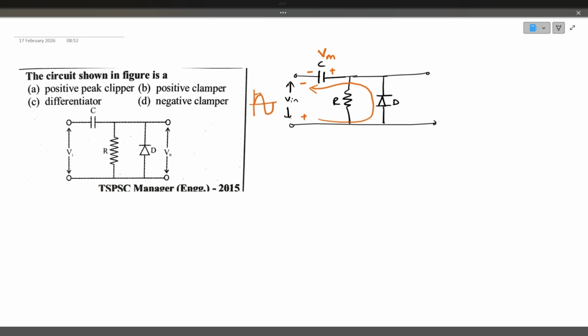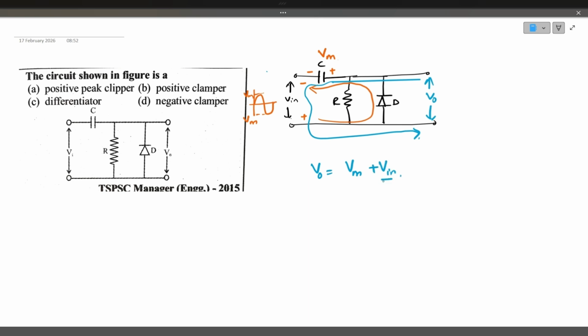From the next cycle onwards, the output voltage will be plus Vm across the capacitor and V in at the input side. So the output voltage Vout is equal to plus Vm plus Vin.